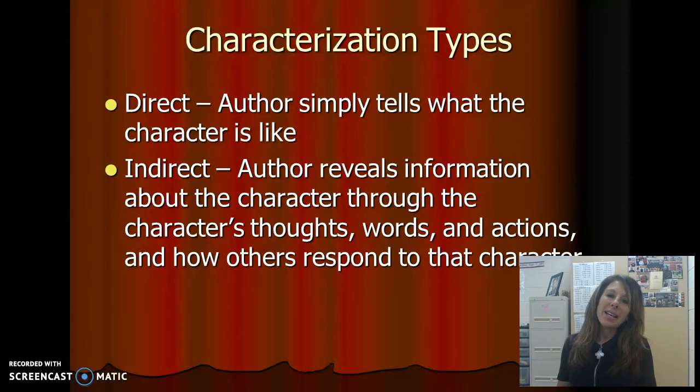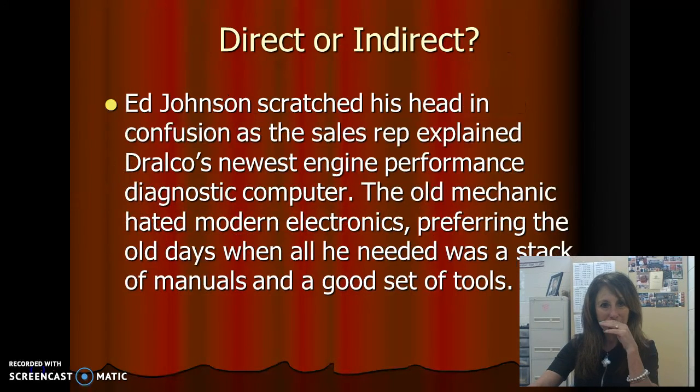When we find out things because the author reveals information, doesn't directly tell us, but reveals it through the character's thoughts, what the character says, how the character acts, or even how other characters respond to that character, then that's indirect characterization. It's shown to us indirectly, not by the author just simply telling us this is what the character is like. We figure it out on our own, so it's indirect.